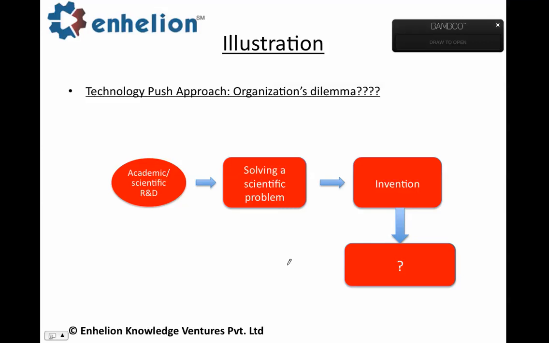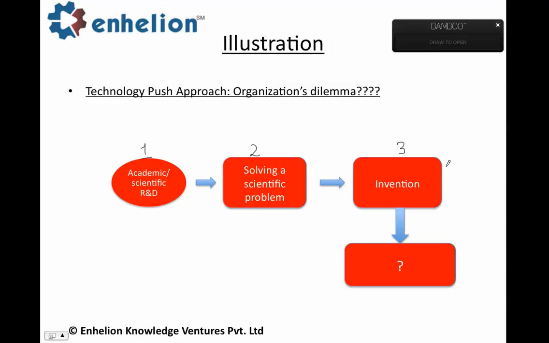As you can see, the first stage in this approach is the R&D stage, which goes to the second stage where the scientific issue has been resolved. Then you come to the invention stage where the company invents a new product or service.